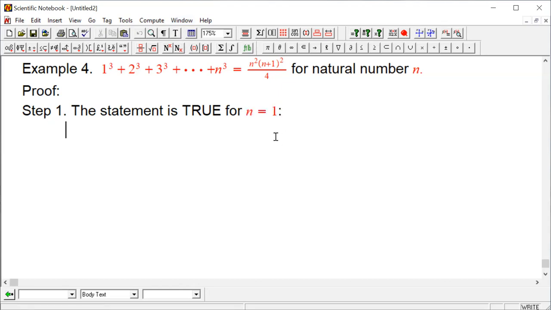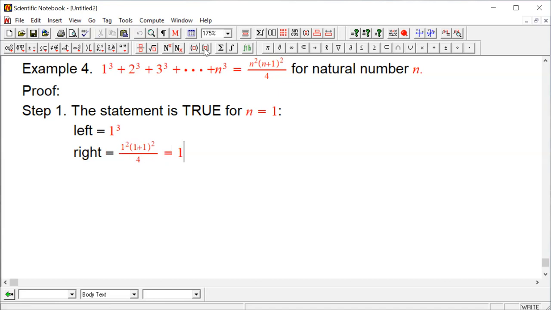So you can see the left-hand side is equal to 1 to the power 3, right? That's equal to 1. And the right-hand side is going to be the entire right-hand side with n replaced by 1, right?